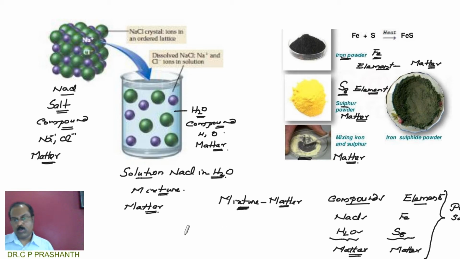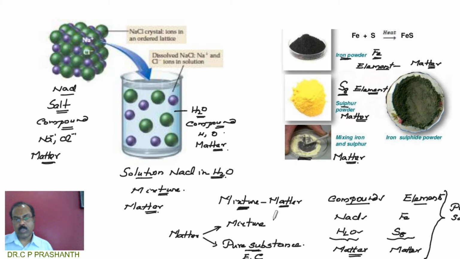So now we can classify matter into two. One is mixture, other is pure substances. Now, pure substance can either be an element or a compound.